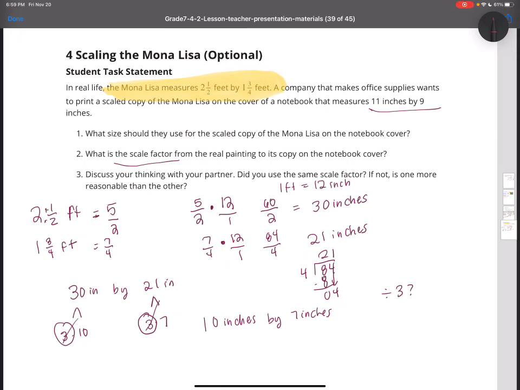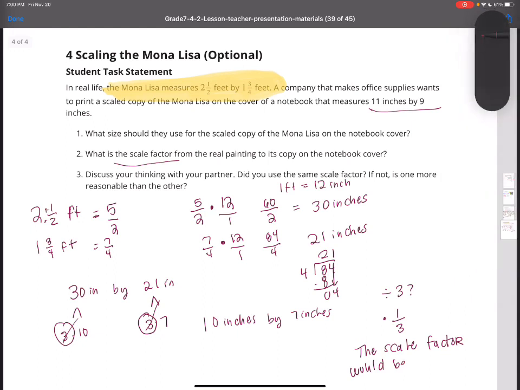No. We said that the scale factor would be a fraction, because with the scale factor we only multiply. So what is the reciprocal, or the multiplicative inverse, of divided by 3? If you guess 1/3, you are absolutely correct. So the scale factor would be 1/3.